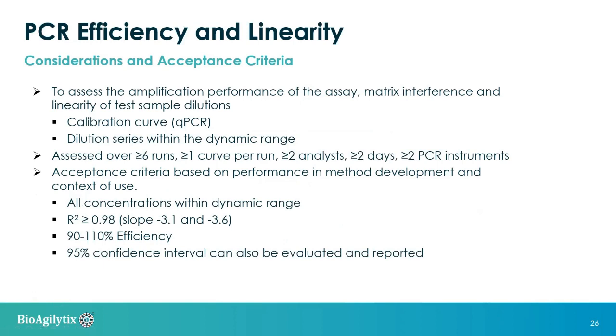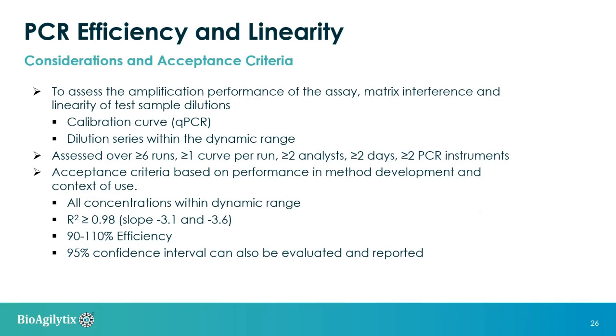So another performance characteristic that I'm going to touch on is PCR efficiency and linearity. It's commonly assessed in molecular assays, similar to other workflows and platforms. And typically this is assessed with the calibration curve in quantitative PCR, or in digital PCR where you don't have your calibration curve, you can use a dilution series that spans your dynamic range. And this is assessed over multiple days and multiple runs.